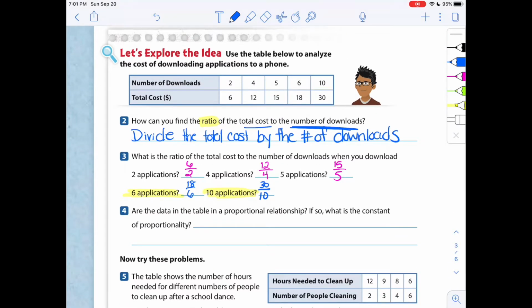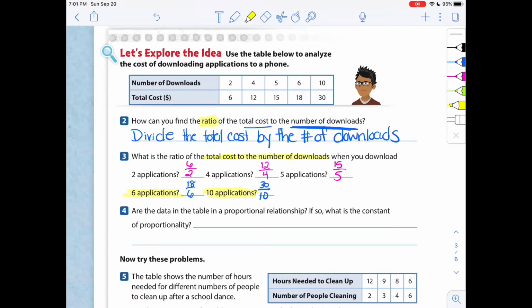The main thing you need to remember when writing these ratios is writing it in the order the problem is asking. The problem specifically says, what is the ratio of total cost to number of downloads? So your first number should always be the total cost, and then your second number, the number of downloads. And your problem will always verbalize this to you.